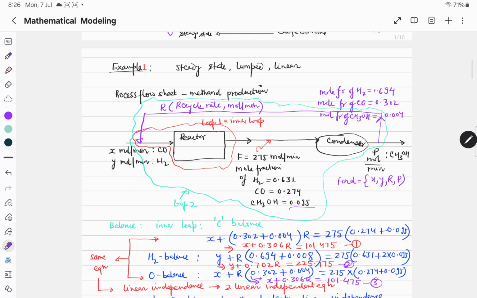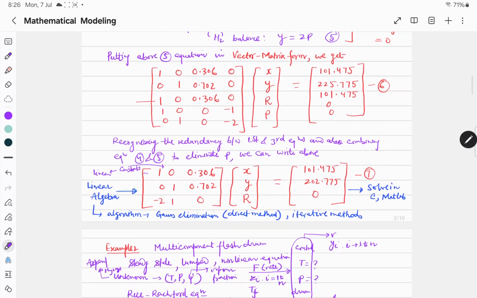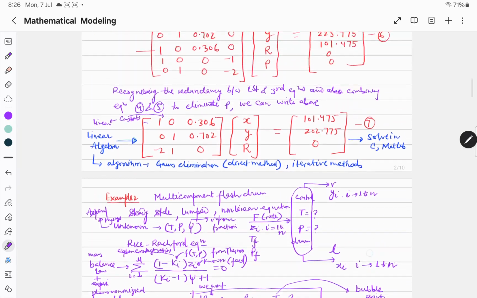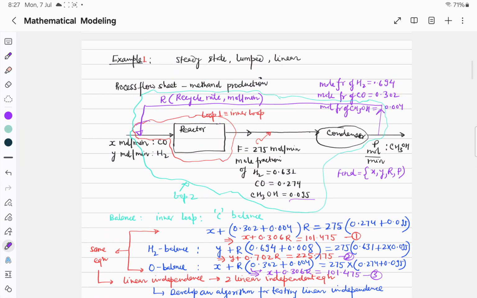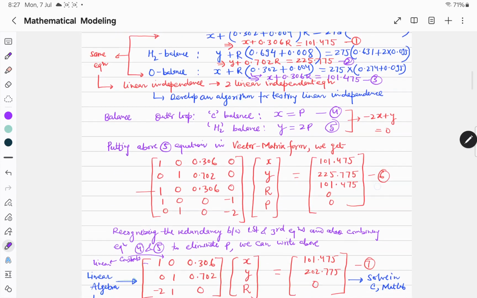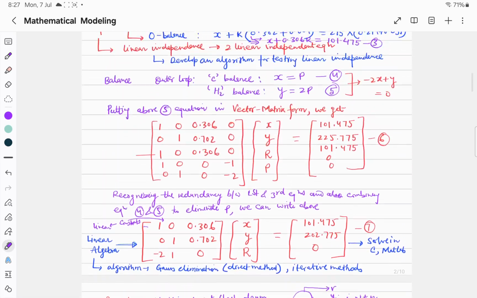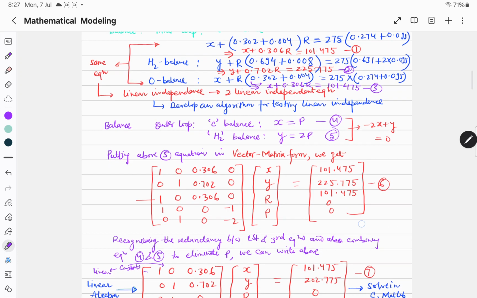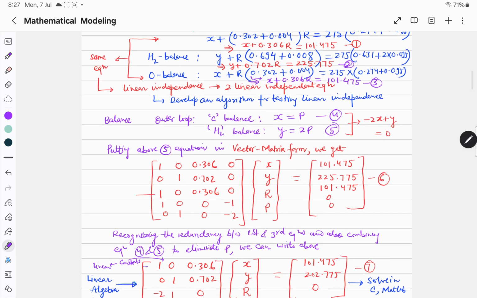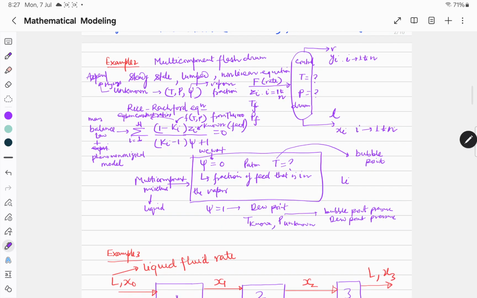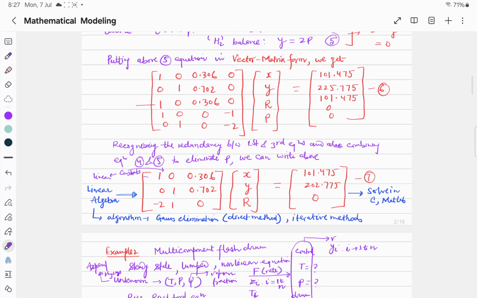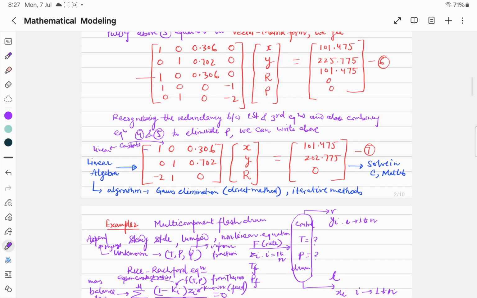In this system, x and y are unknown, and the recycle rate is also unknown. p can be obtained as follows: if we get the value of x, then p will be the same as x through equation 4, and y by 2 is equal to p. So either you get x or you get y, and you will get the value of p. Alright, so 3 equations and 3 unknowns.